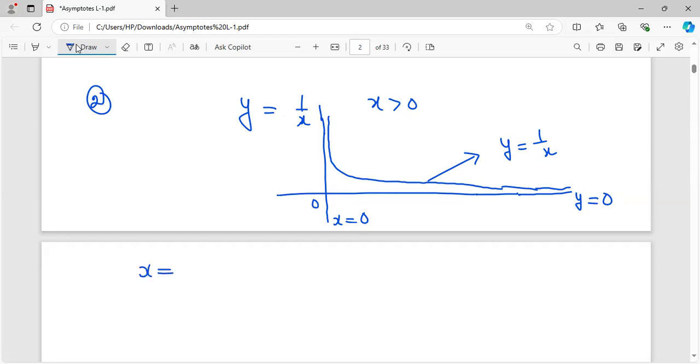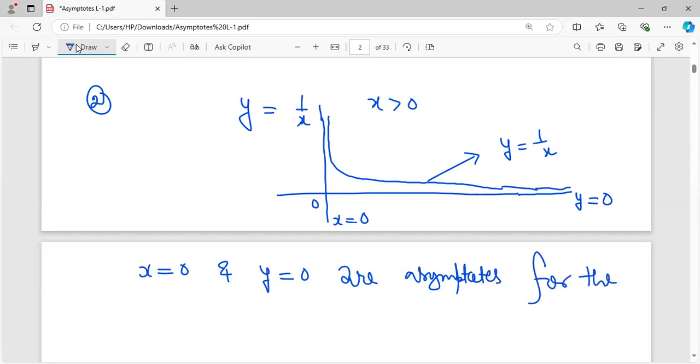So x is equal to 0 and y is equal to 0 are asymptotes for the curve y is equal to 1 upon x, x greater than 0. Okay.